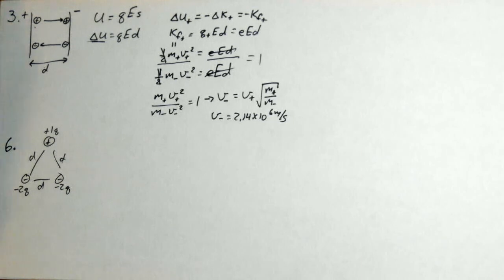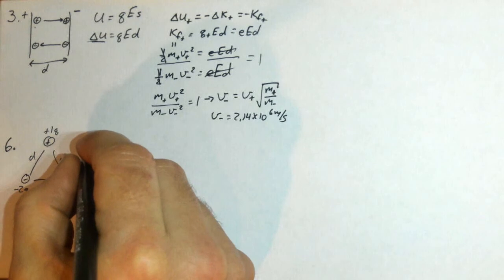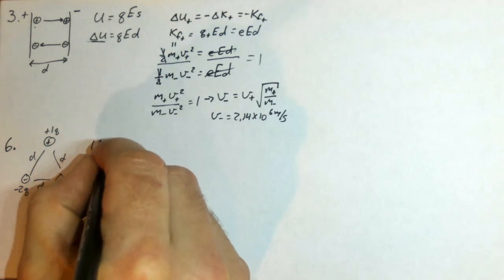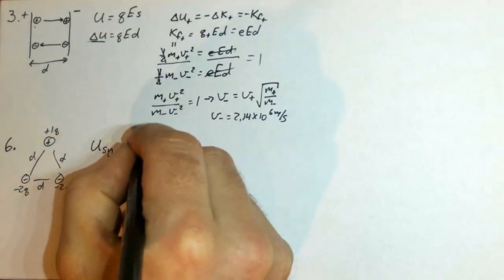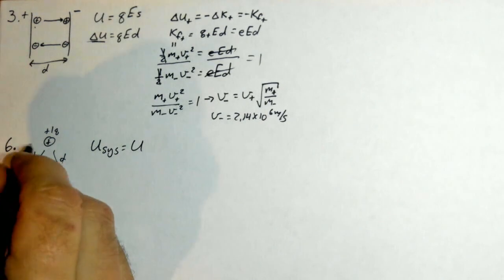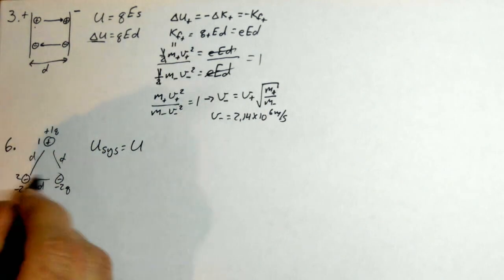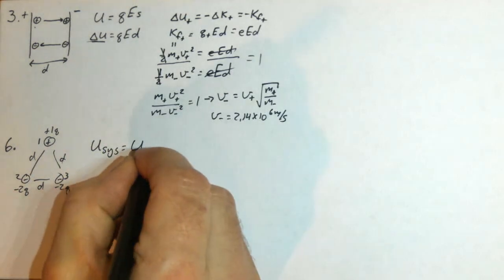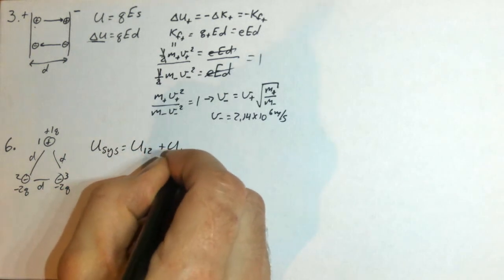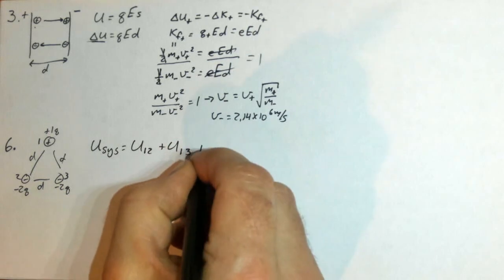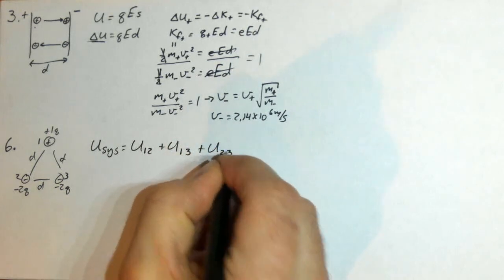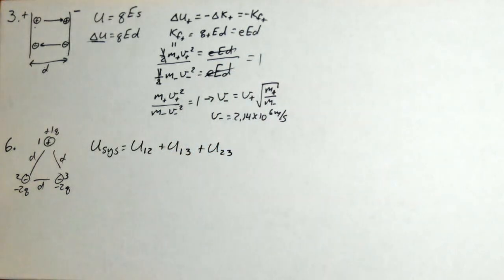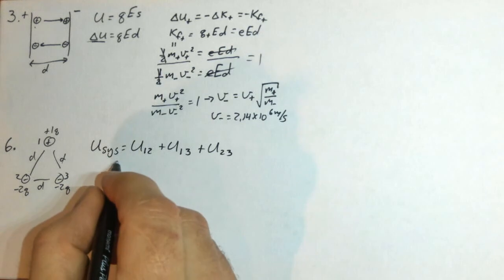Okay, now that you've thought about that, we can write this out as U of the system is equal to potential energy between each pair. So I'm going to give these names 1, 2, and 3. Okay? So it would be the potential energy between 1 and 2, plus potential energy between 1 and 3, and plus potential energy between 2 and 3. Those are the three different possible interactions. And so, what are they? They're all point charges.